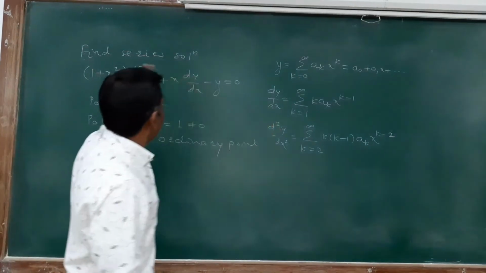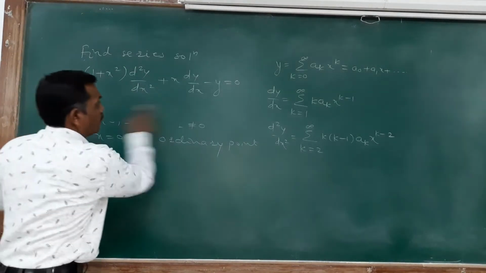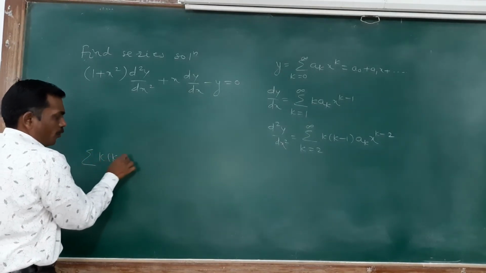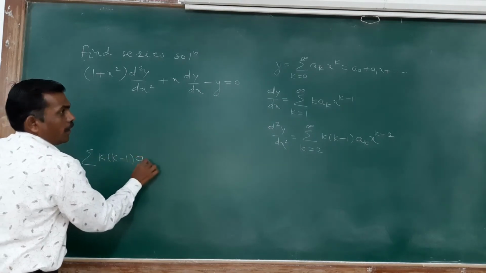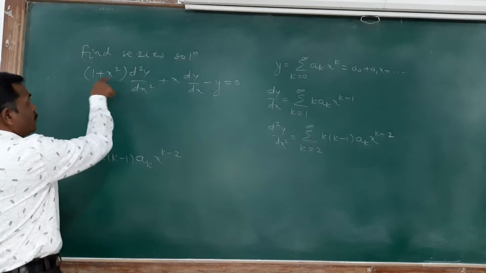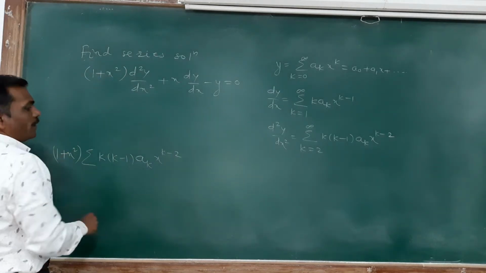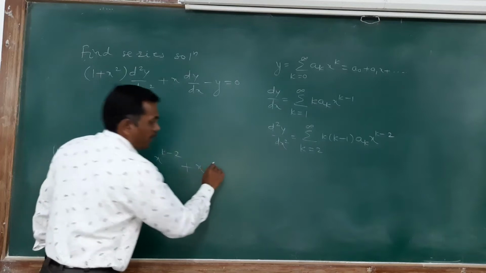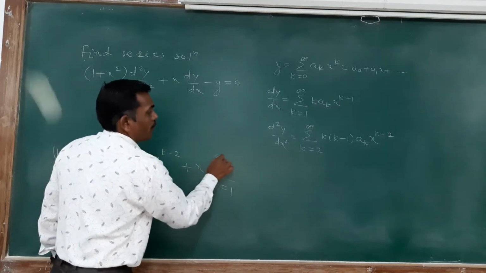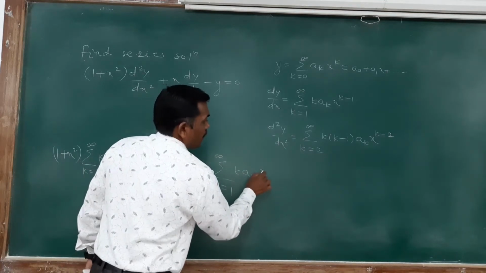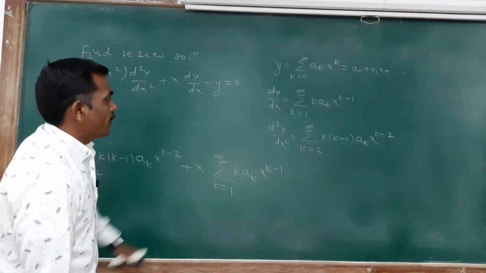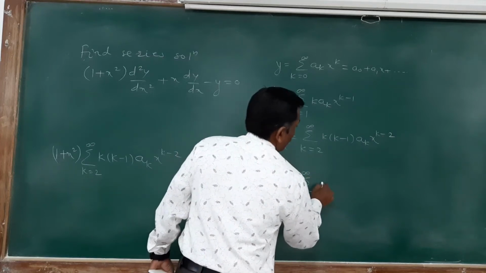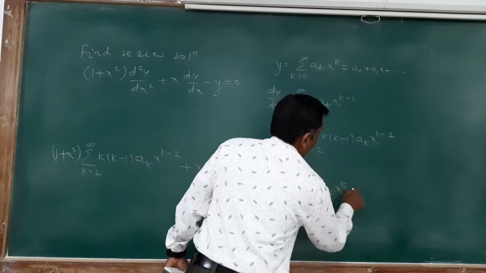So our given differential equation becomes: summation k(k−1) ak x^(k−2), multiplied by this (1 + x²), where k starts from 2 to infinity, plus x into dy/dx, which is k = 1 to infinity k ak x^(k−1), minus summation k = 0 to infinity ak x^k is equal to 0.